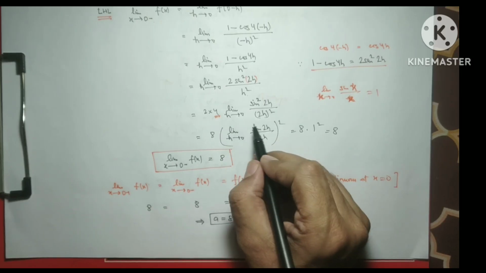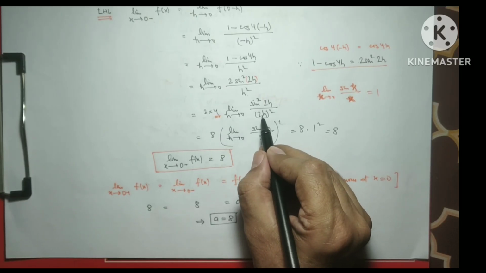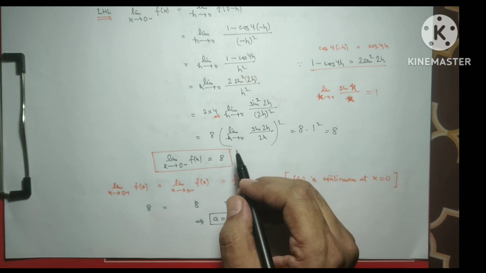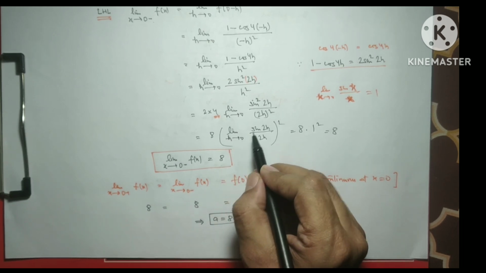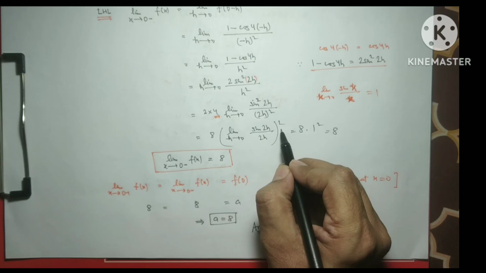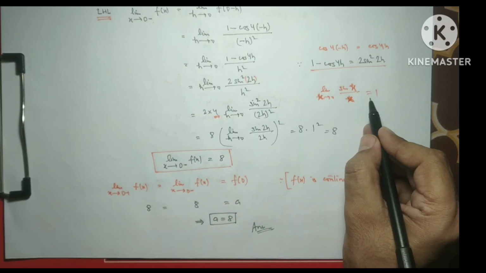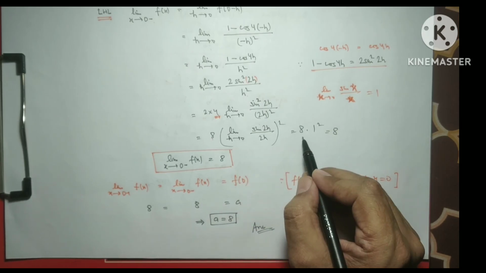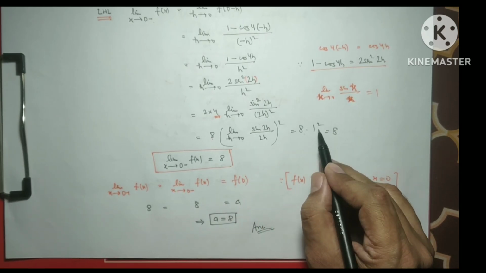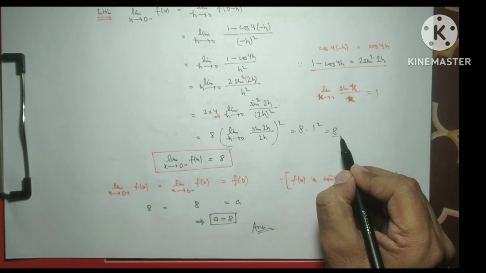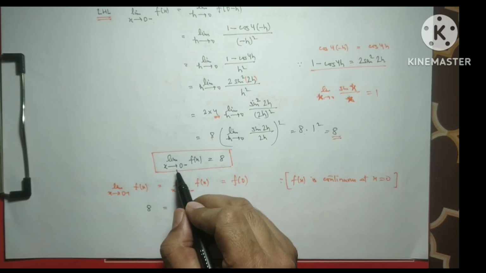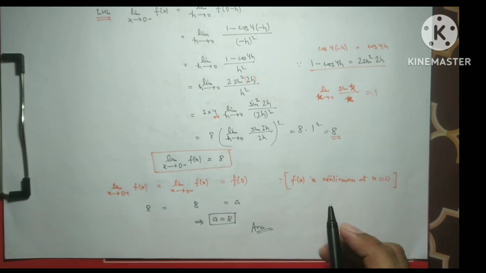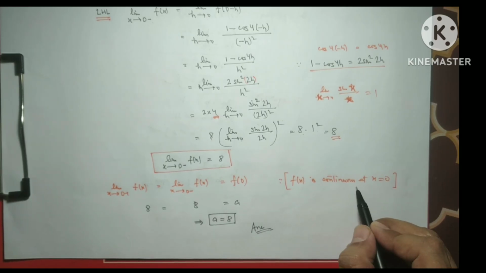So it is 4, and this is 4h square, we can say (2h) whole square. Right now limit h tends to 0, (sin 2h over 2h) whole square is 1 according to this theorem. So it is 2 into 4 is 8, and 1 square is 1, so we get 8. So the left hand limit of the function is 8.